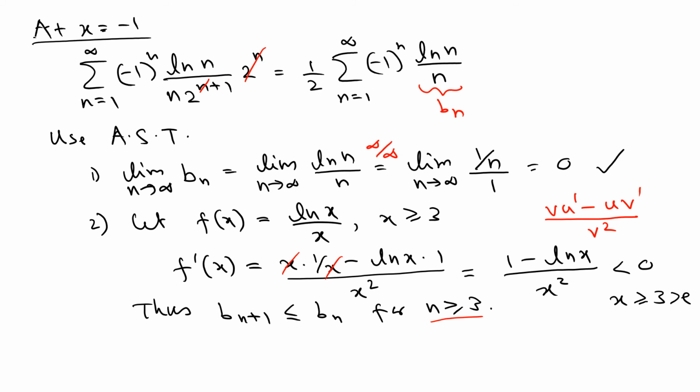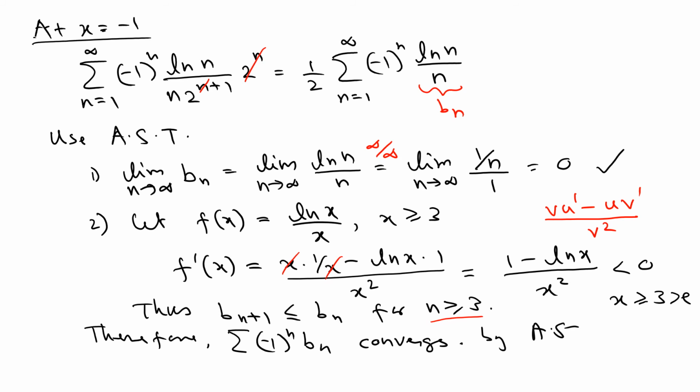Therefore the series of (-1)^n bn converges by the alternating series test. So negative 1 is in the interval of convergence.